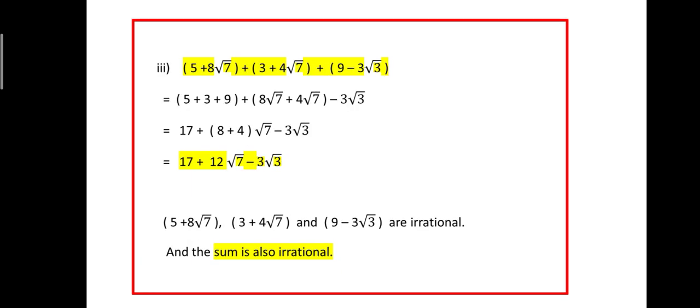The third example gives us the sum of three irrational numbers. When we add these three irrational numbers, the rational parts add up to give us 17, and the irrational parts give us 12 root 7 minus 3 root 3. Hence we see that the sum of these three irrational numbers is again an irrational number.